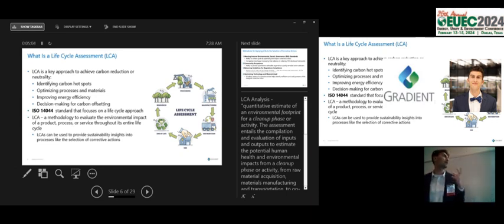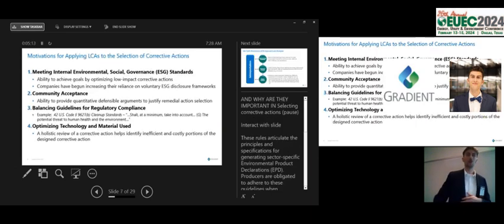And so the area I'd like to apply lifecycle assessments to is the area of remediation. And the reason why I think this is a good fit and why we've used this before at Gradient is the unique ability to take this standardized approach of lifecycle assessment and compare various alternatives and receive output of environmental impacts across different alternatives.